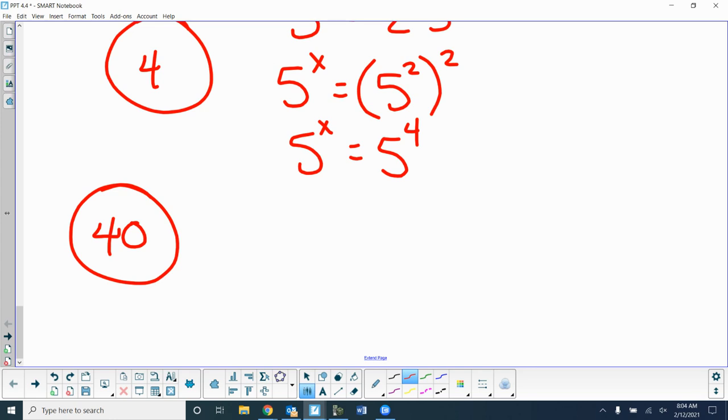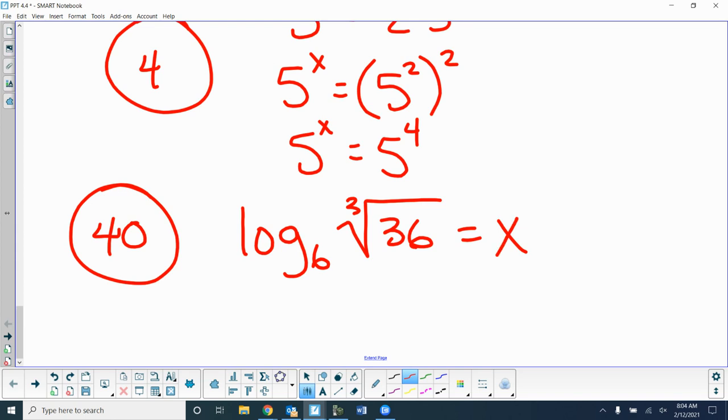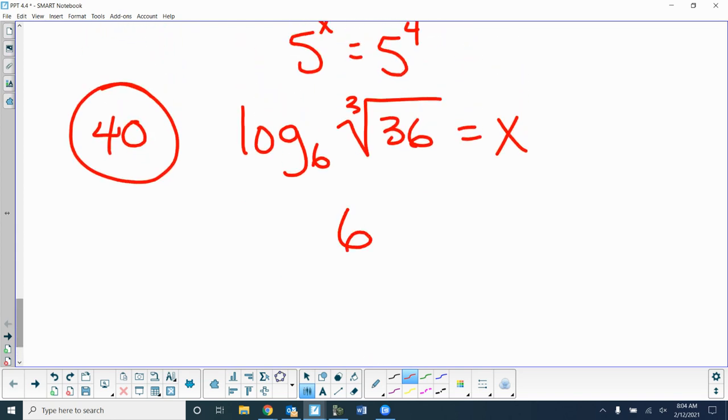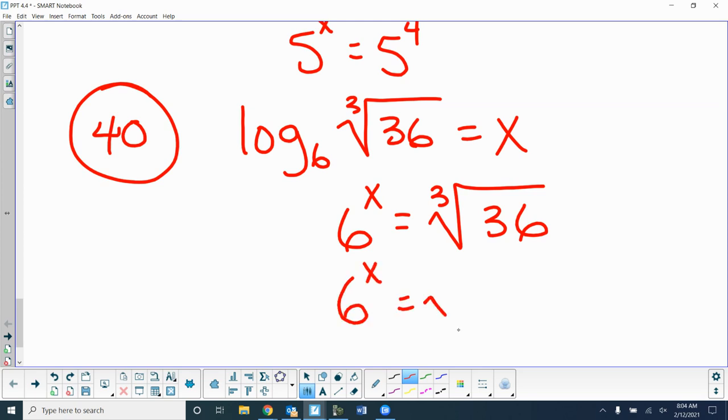And the last one was one like that warm-up with a cube root. Log base 6 of the cube root of 36. Remember, we just think equals x. That's what we're looking for, what the answer is. So 6 to what power equals the cube root of 36? Well, we want to write 36 as 6 squared. Now I got that same base.